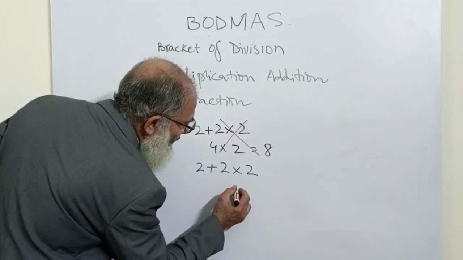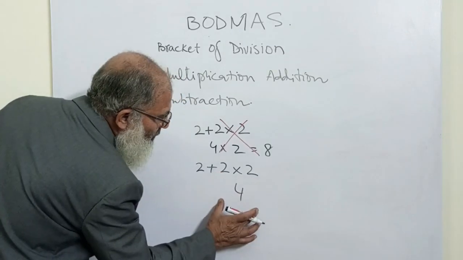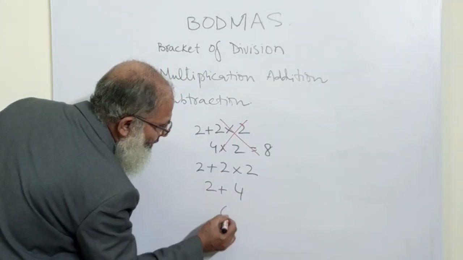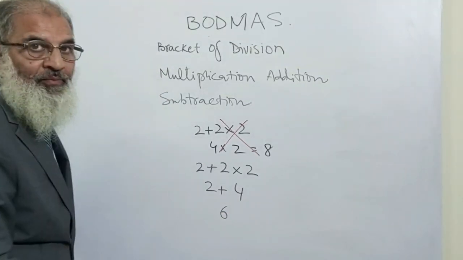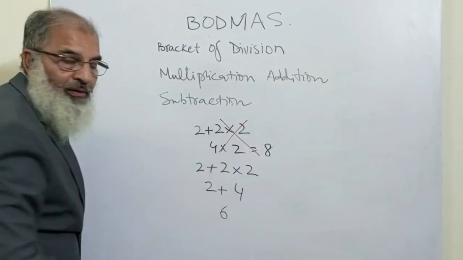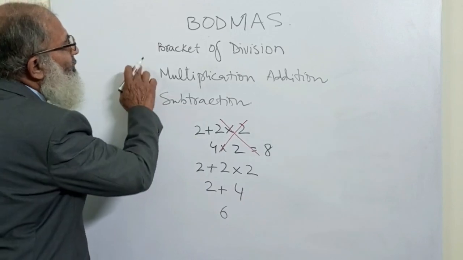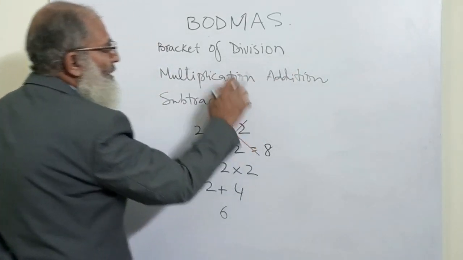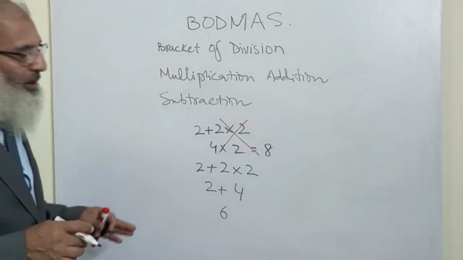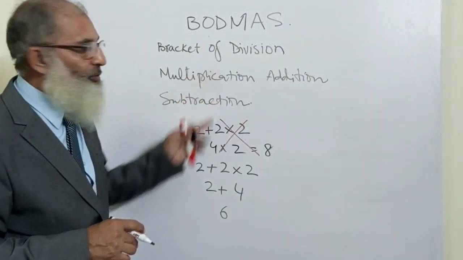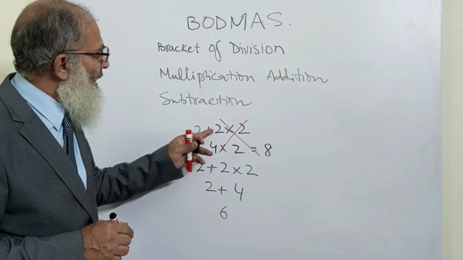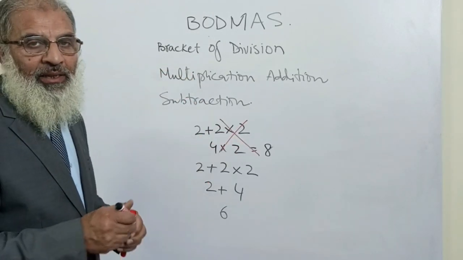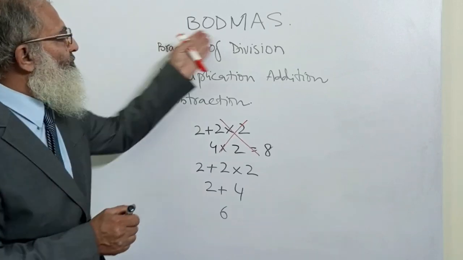So you have to multiply this number, and then comes a 6, not 8. So always be careful when you are doing something which has multiple signs, like addition, subtraction, division, brackets, and you have to follow this merit.